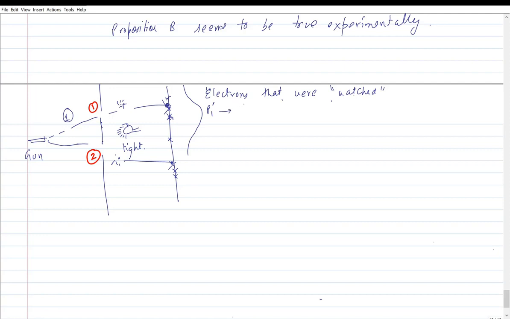So P1 prime are the electrons coming from slit 1, and I have similarly P2 prime, electrons coming from slit 2.